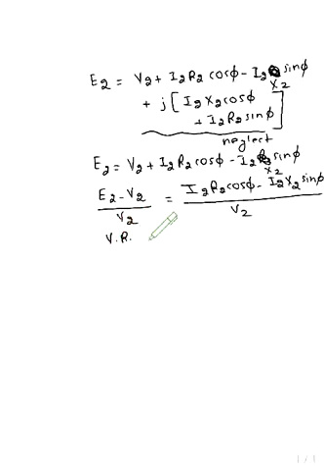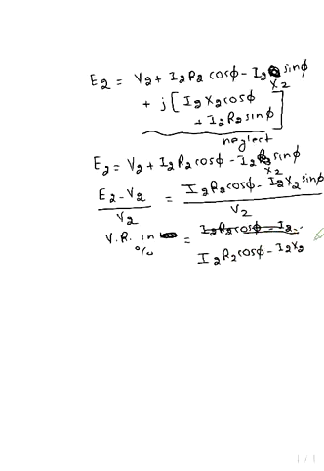divided by V2. So the voltage regulation formula at leading power factor, in percentage, we can write as I2 R2 cos phi minus I2 X2 sin phi, divided by V2.